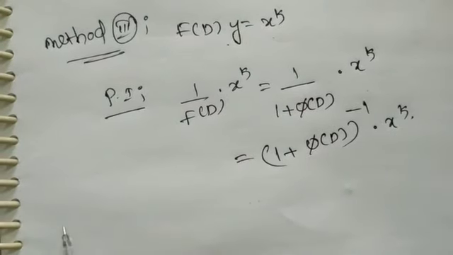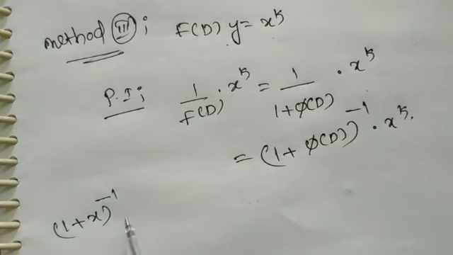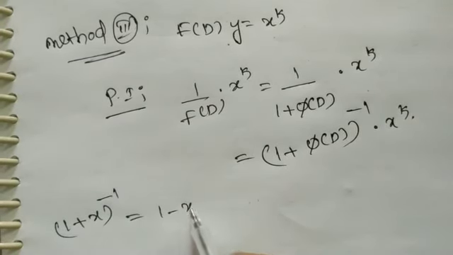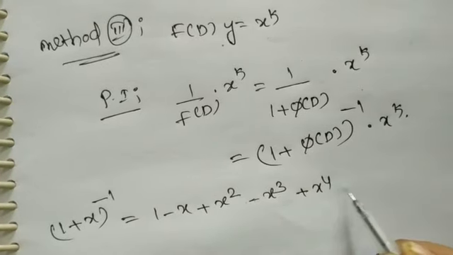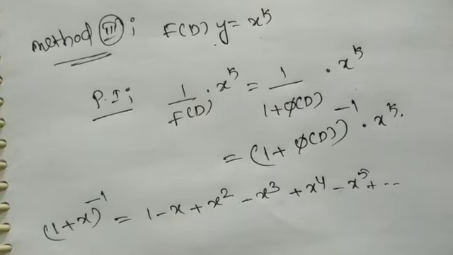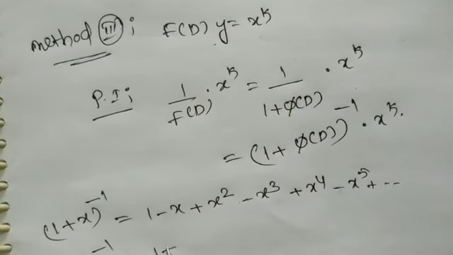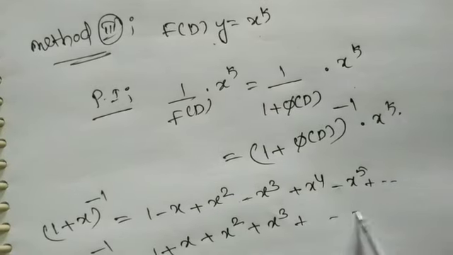In this method we use the formulas: (1 + x)^(-1) = 1 - x + x^2 - x^3 + x^4 - x^5 and so on. And (1 - x)^(-1) = 1 + x + x^2 + x^3 and so on.